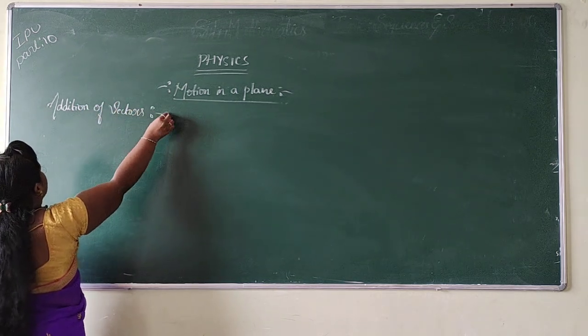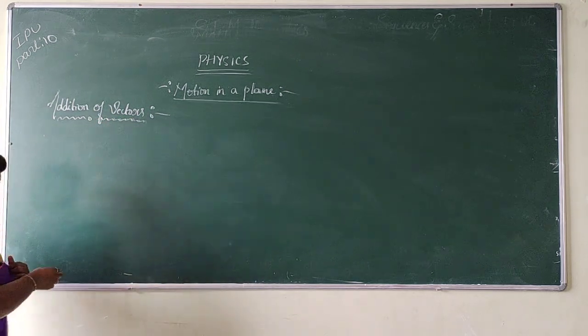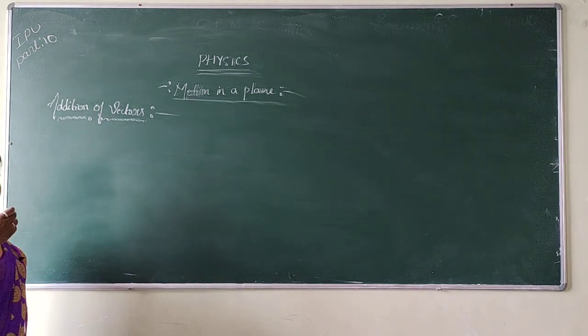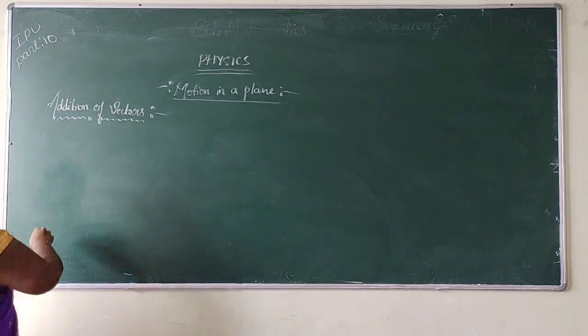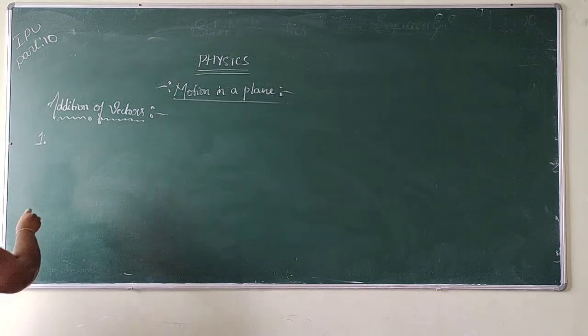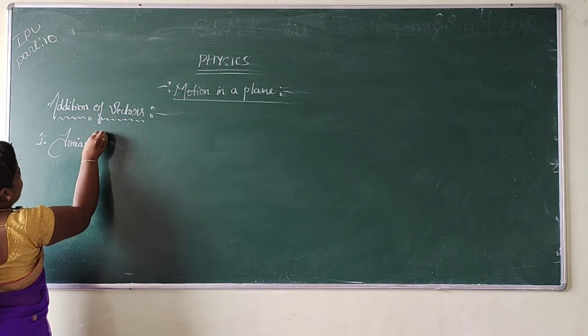When we come towards addition of vectors, my dear students, there are two different laws of addition. One is triangle law of vector addition, and the next one is parallelogram law of vector addition. First, I am moving with the first law, that is triangle law of vector addition.